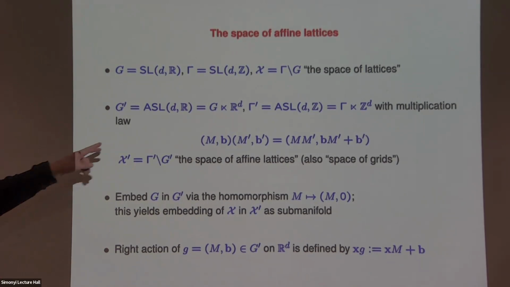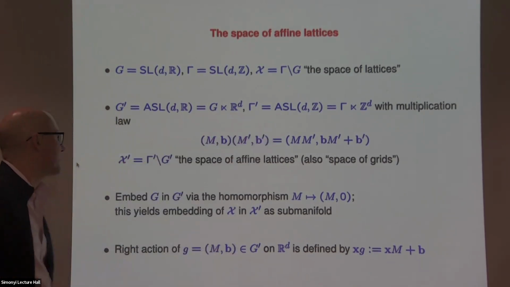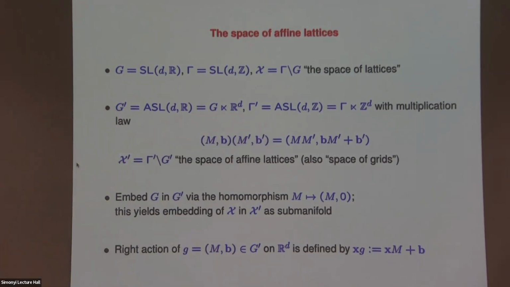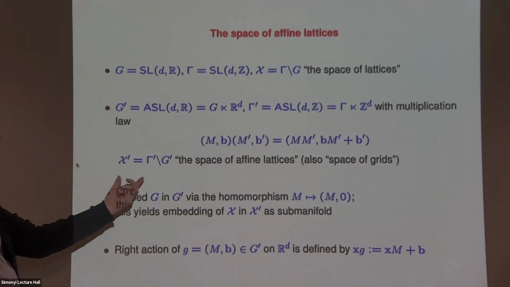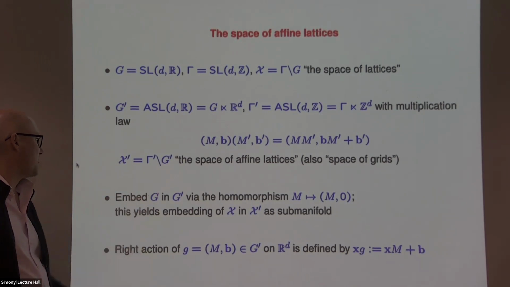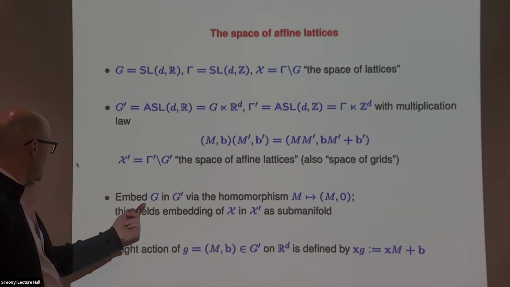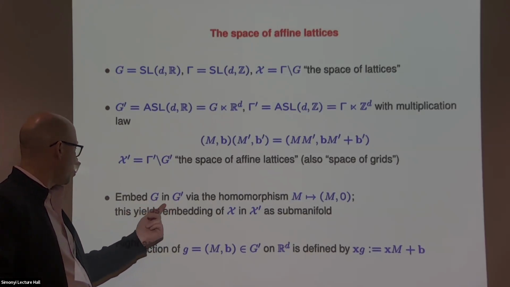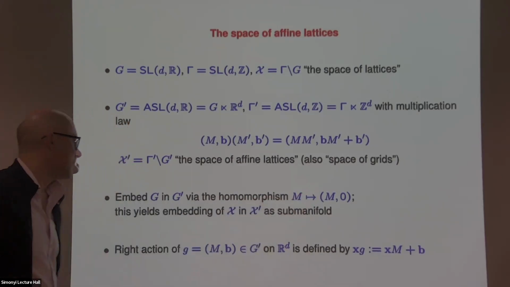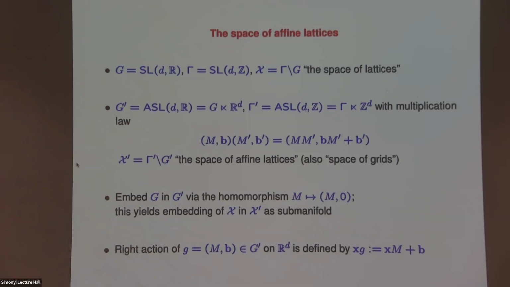That's why this is a natural construction, and we take the corresponding arithmetic subgroup, and then you also have a natural homogeneous space, which is now G prime modulo gamma prime.